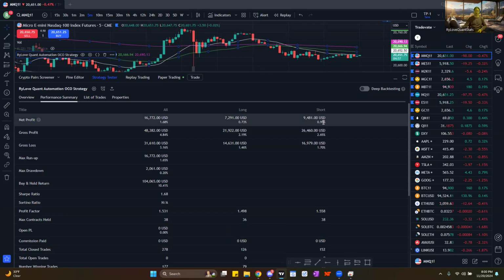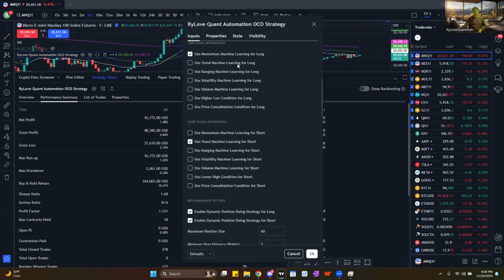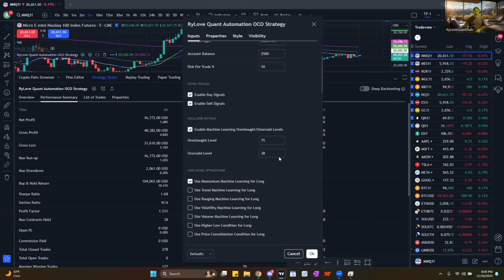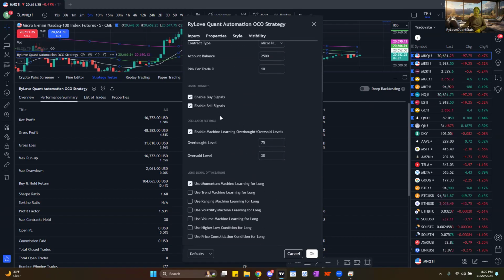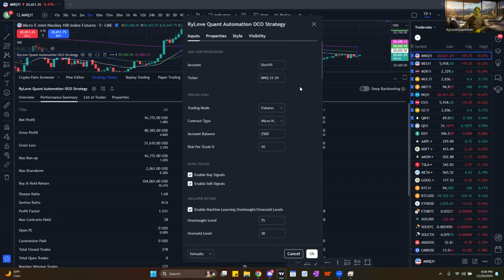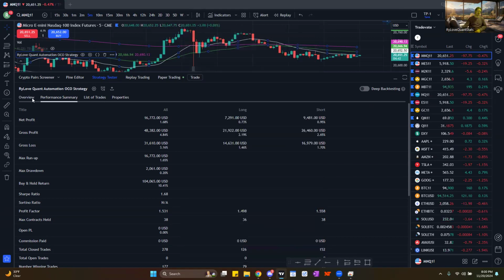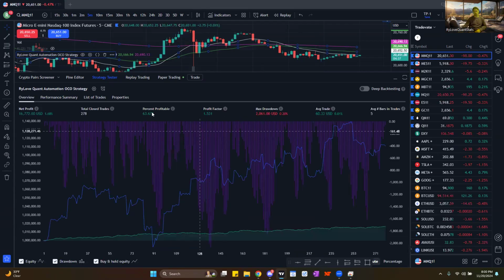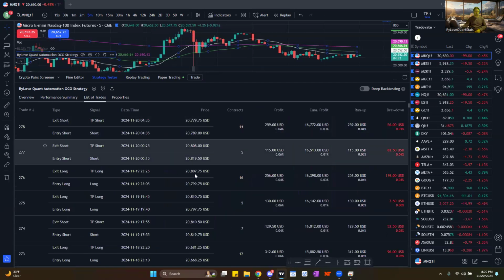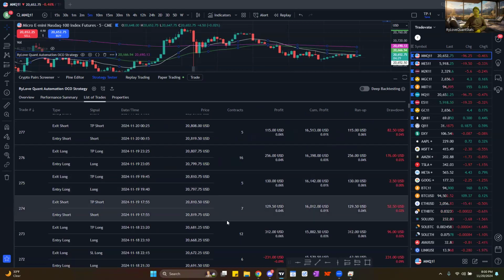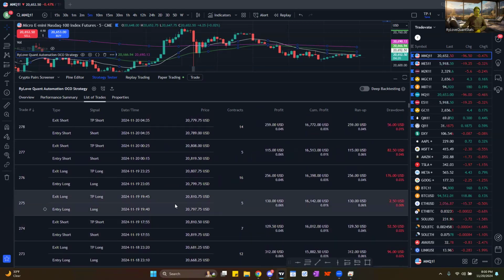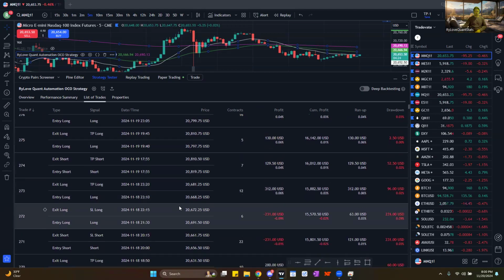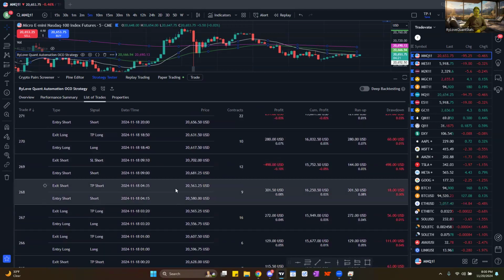I'm assuming it's because of all the fine tuning that I did on these machine learning optimizations, as well as this overbought, oversold machine learning optimization. Having that data in there really was able to fine tune what needs to occur for a strategy to be profitable over a good amount of time, or at least enhanced profitability for sure. So, let's see. What else can I go over here?